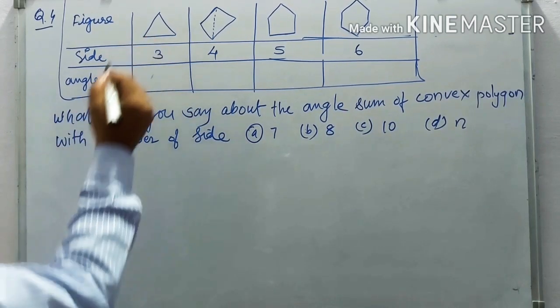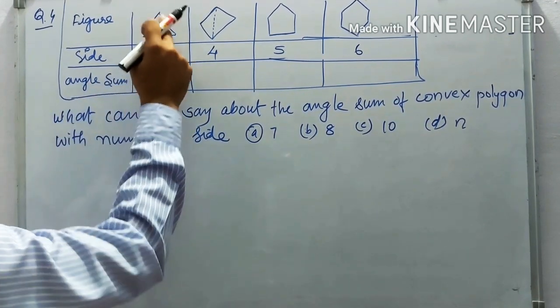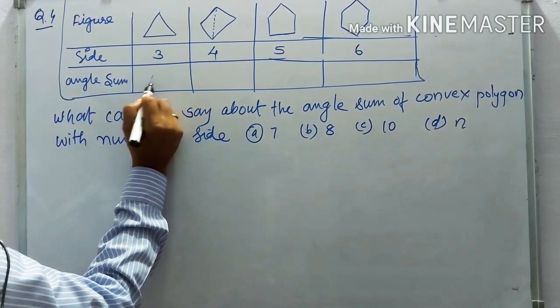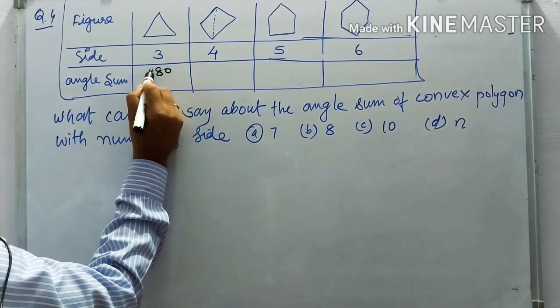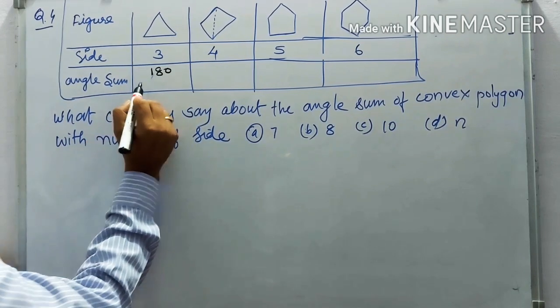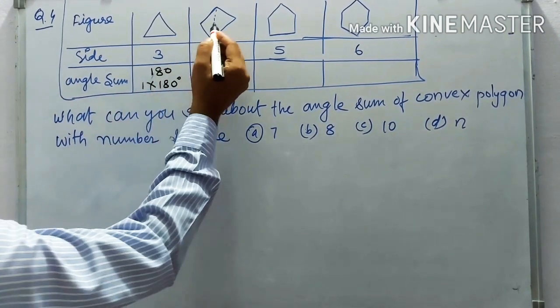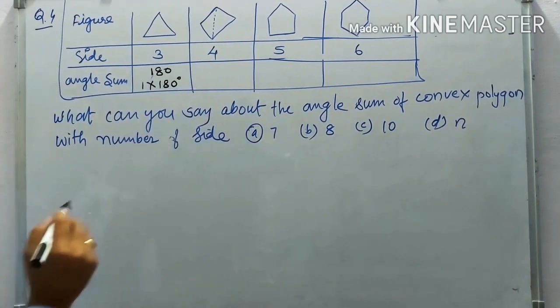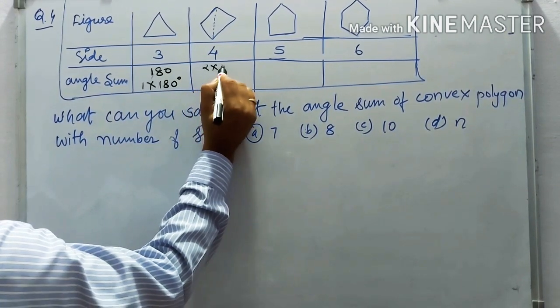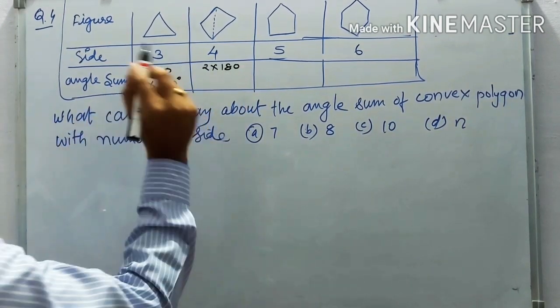So first is a triangle. Triangle has 3 sides. The sum of angles is 180, so you write 1 into 180. Then there are two triangles, so 2 into 180.